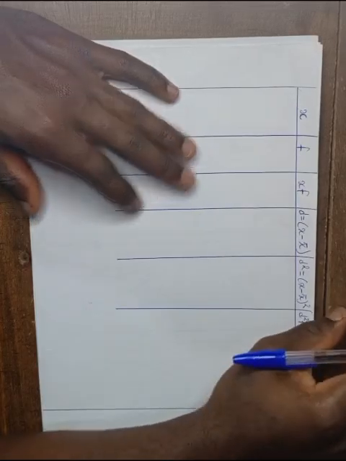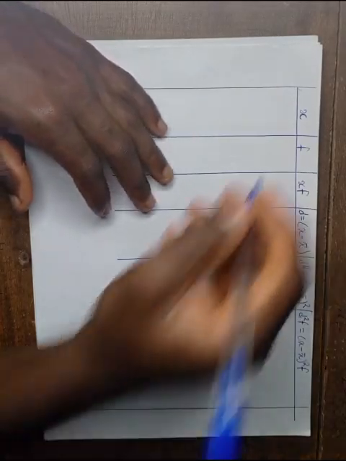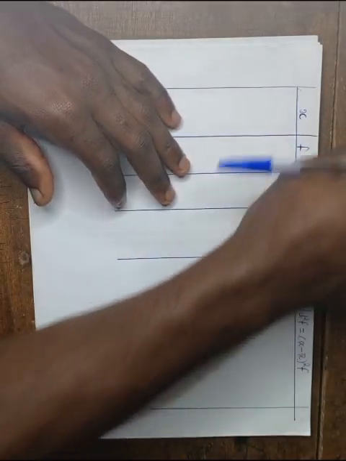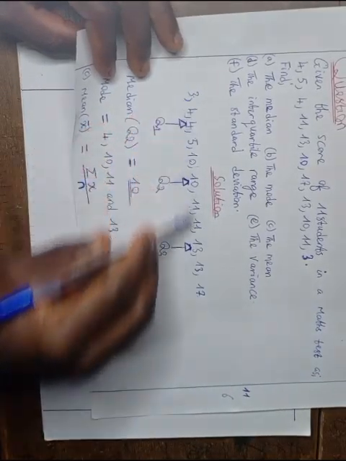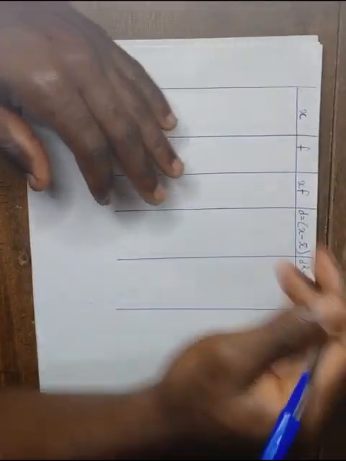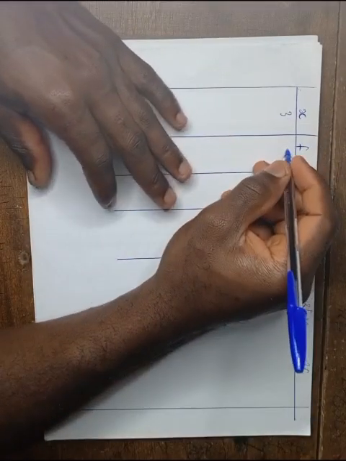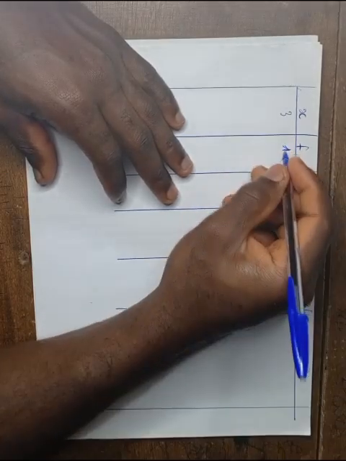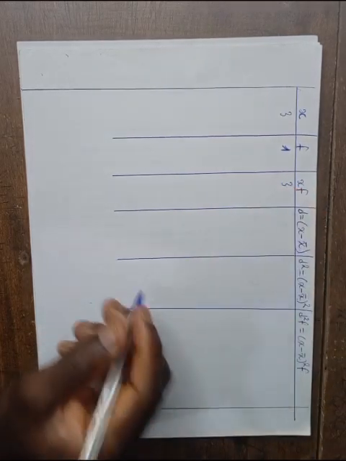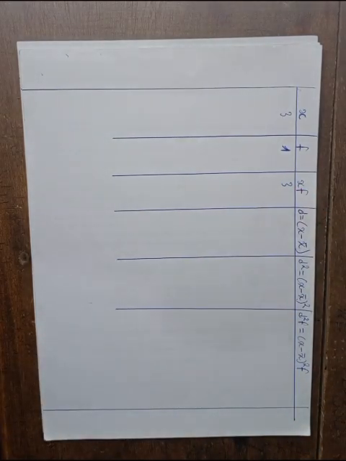Firstly, we are going to start with the first observation, which is 3. We arrange the data in ascending order, so we write down 3. 3 occurs only once. Next, if we take 3 times 1, it remains 3. Next, we need the deviation.